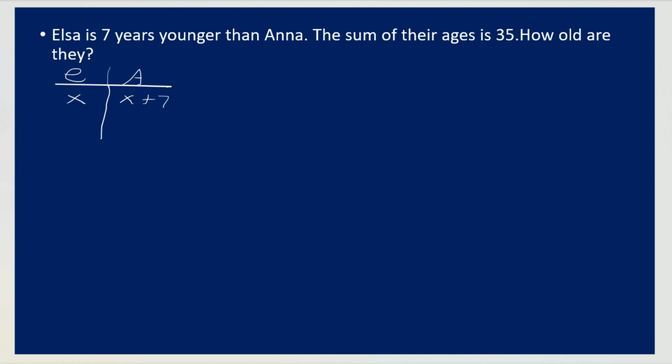Now the sum of these two, so the sum of their ages is 35. And we know that sum means addition. So now we're going to add these two. X plus, okay, I'm going to write it with better handwriting. X plus 7. So we're going to put parentheses around each age.